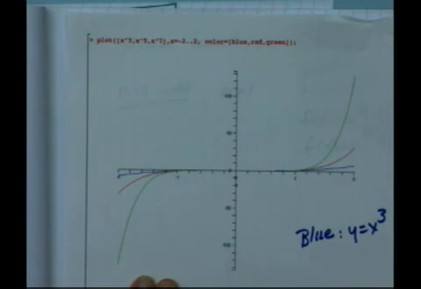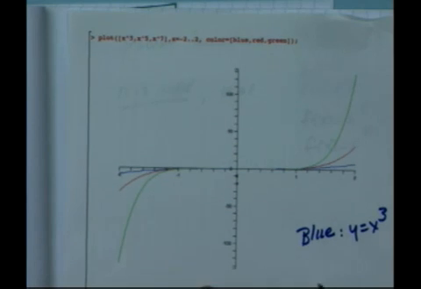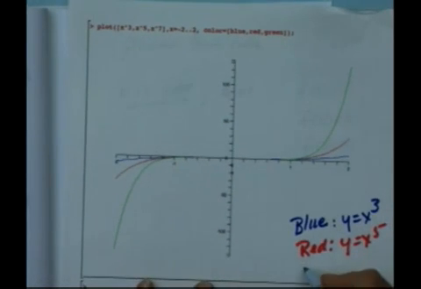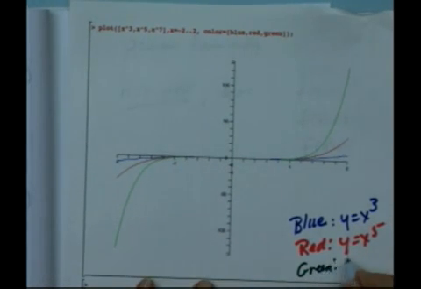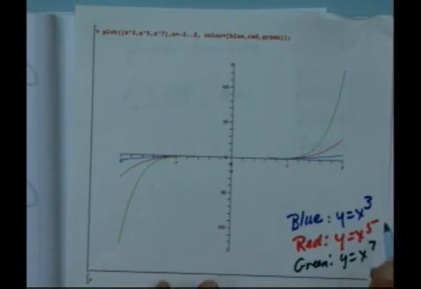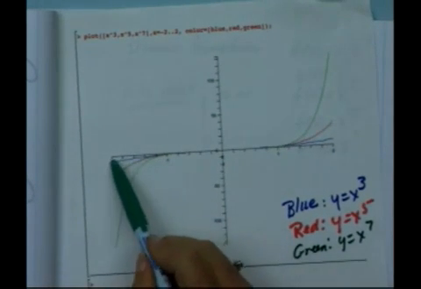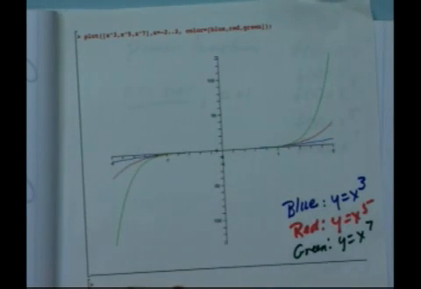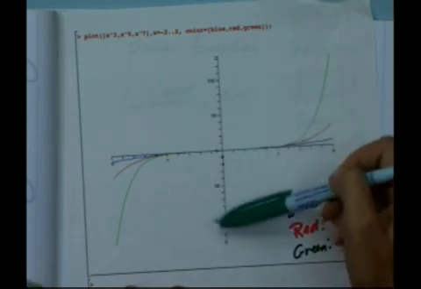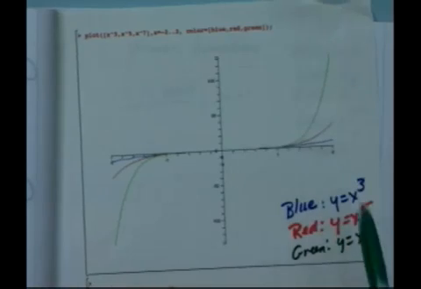In red, I have y equals x to the 5th, and in green, I have y equals x to the 7th. Just looking at my graph, along the x-axis I went from -2 to 2, and it looks like the y-axis goes about -100 to 100 here.